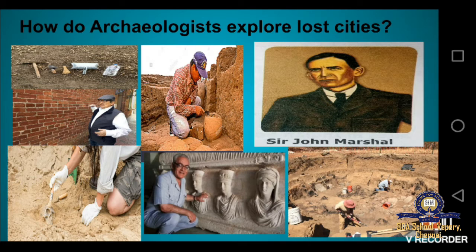They survey that, and the skeletons, and the ground, the land, the sand, the stones, everything. They start searching each nook and corner to find many more hints about the place. Likewise, Sir John Marshall searched the place of Harappa and found it to be a part of a large civilization.